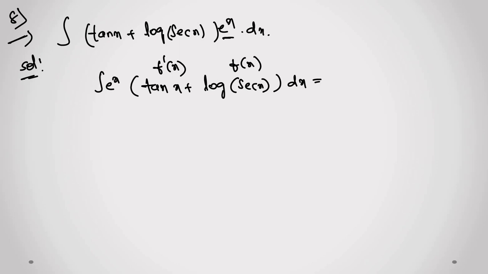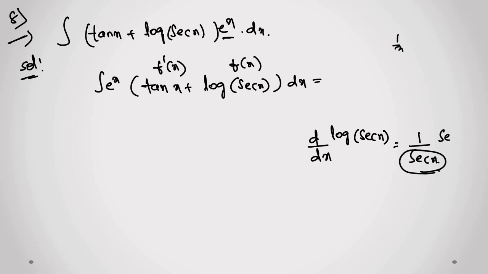I will explain it smoothly. So d by dx of log secant x: the derivative of log x is 1 by x, so 1 by secant x, and again secant x derivative is secant x tan x will come. Secant x will get cancelled, tan x will remain here.